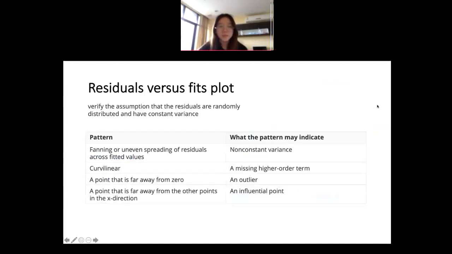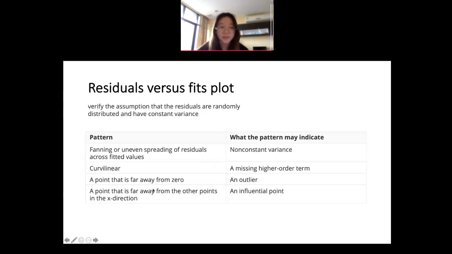And then if I have to explain the residual versus fit plot, it is to verify the assumption that the residuals are randomly distributed and have constant variance. If the pattern is fanning or uneven spreading, it can indicate non-constant variance, or if it is curvilinear, it can be interpreted as a missing higher order term.